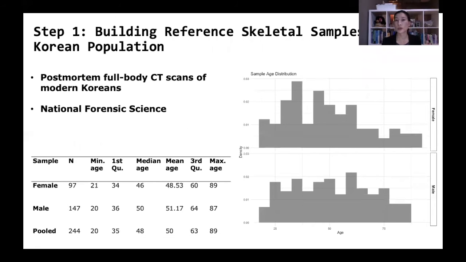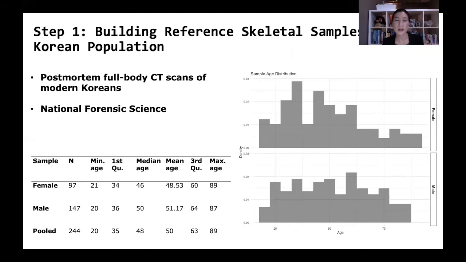So to just give you an idea how we have been doing this, as a first step of building the forensic standards, we have been establishing reference skeletal samples of the Korean population. And for this part of the project, the National Forensic Service has been a rock star.